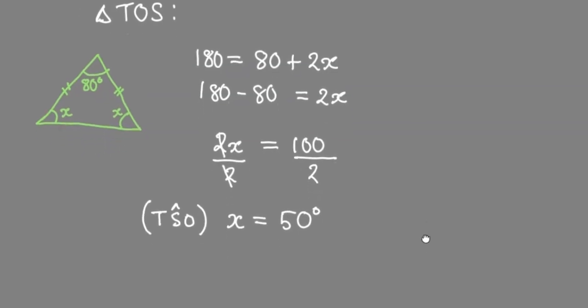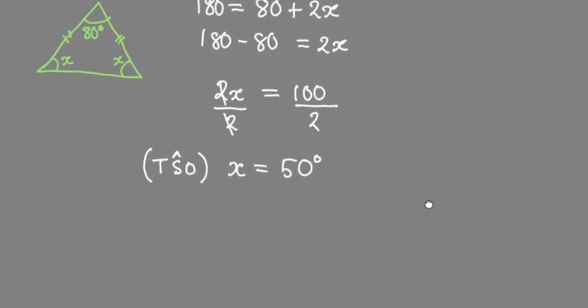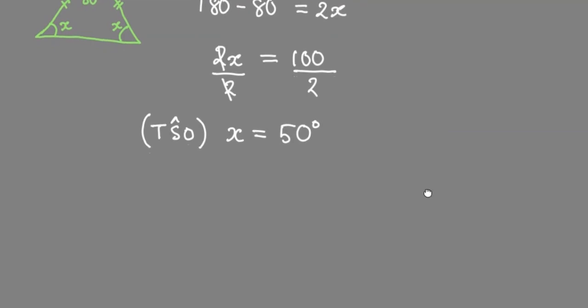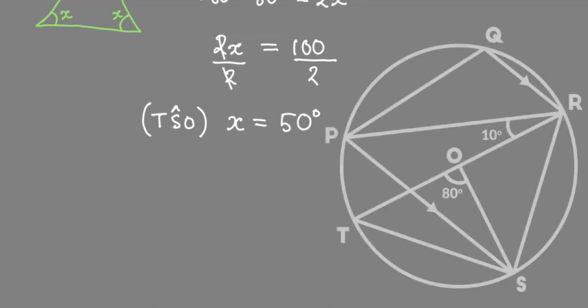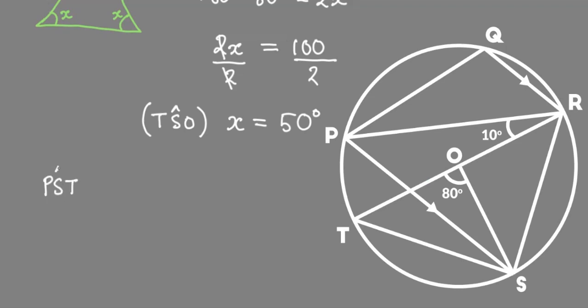In circle geometry, usually the answers you're going to be finding in order are going to be related to each other. So if you find part A, part B, there's obviously some relation with part C. We know that angle PST plus the angle PSO, which is the angle we want, are supposed to give us the angle TSO, which we've just found.